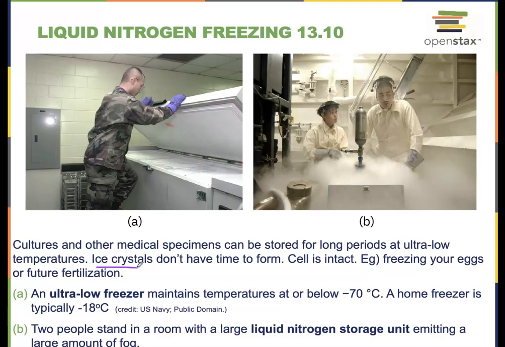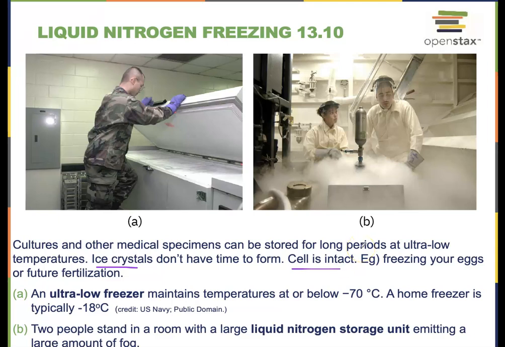So if you let water freeze slowly, there's more expansion, there's bigger ice crystals that form. If you freeze something immediately in liquid nitrogen, for example, there's not enough time for that water molecule to expand so that the ice crystals don't really form in any way, and you can preserve that cell so it's intact. That's the benefit from liquid nitrogen.